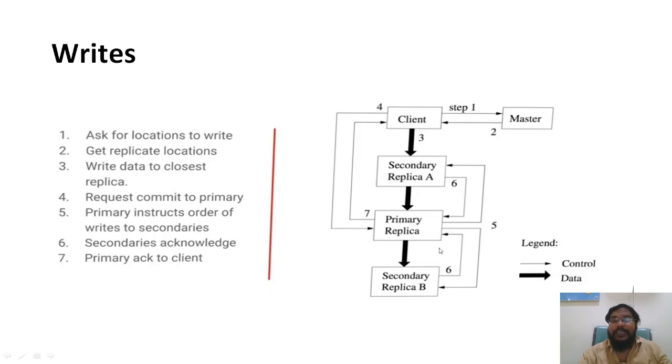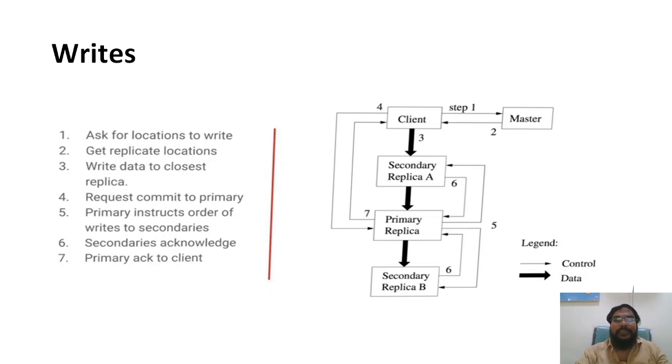Now the primary replica sends an acknowledgement to the client that the data has been stored successfully. For example, whenever you upload some data into a cloud environment, we get a message, data uploaded successfully.